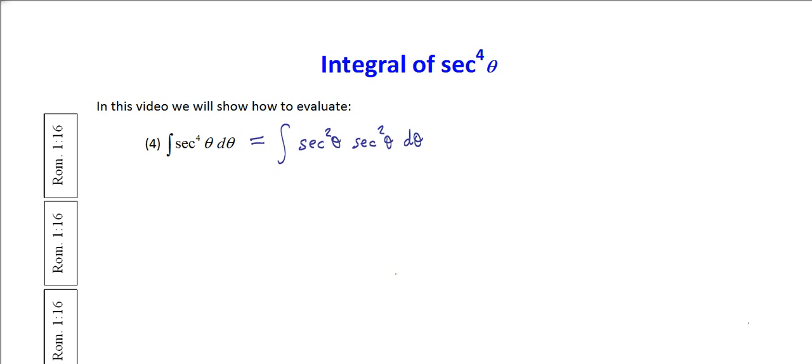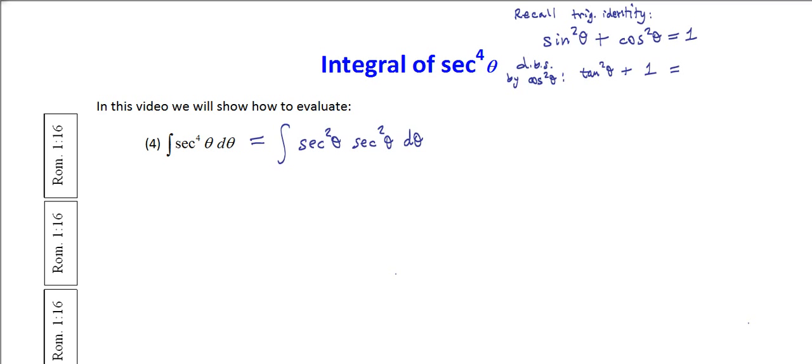Let me just rederive that since this is such a simple integral to do. Recall the trig identity, which says sine squared theta plus cos squared theta is equal to 1. Divide both sides by cos squared theta, and you get tangent squared theta: sine squared theta over cos squared theta, plus cos squared theta over cos squared theta, which is just 1, is equal to 1 over cos squared theta, which is just secant squared theta.